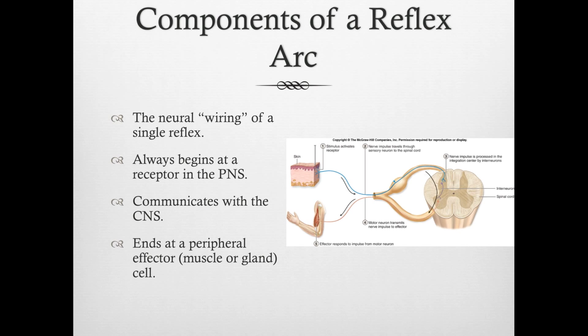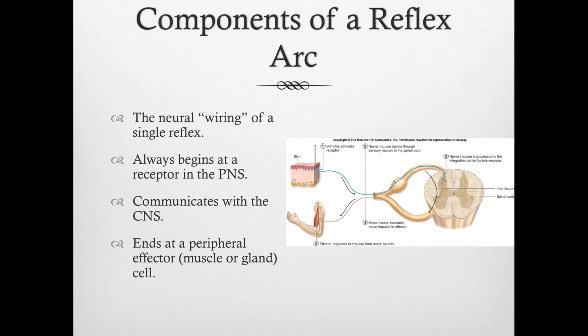So there must be a stimulus that begins in order to cause a response in that reflex. So we always start in the PNS, or the peripheral nervous system. That receptor, once the stimulus hits that receptor from that sensory neuron, that information is going to be communicated all the way to the central nervous system.